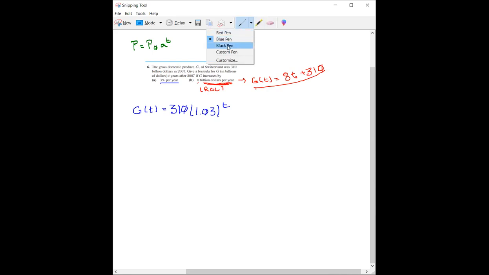To expand on this a little bit further, which of these is going to grow faster? 3% increase will be faster than $8 billion.